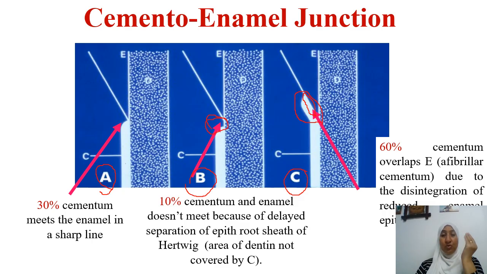Thus, the tooth could show all of these junctions in one tooth. We have no categories where this tooth shows this junction while that tooth shows another. We can see all of these junctions in one tooth: part labially with afibrillar cementum, lingually edge to edge, proximally another afibrillar cementum, mesial or distal bare dentin, and so on.